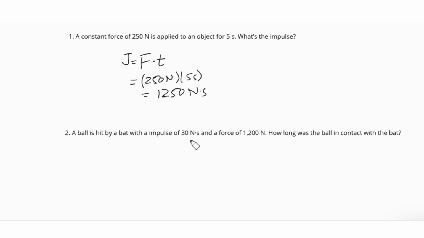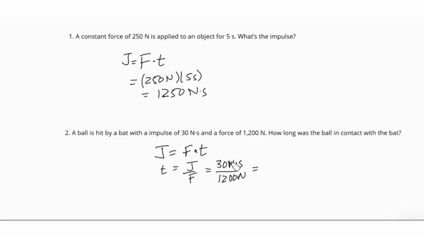Second one, a ball is hit by a bat with an impulse of 30 Newton seconds and a force of 1200 newtons. How long was the ball in contact with the bat? Pretty straightforward again, since we are assuming it to be a force. It could be an average force, could be a constant force, but that's the force that we're given. So T would be J over F, which would be 30 Newton seconds over 1200.